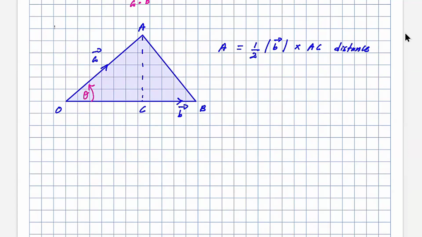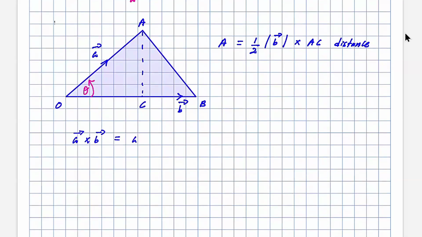AC distance, right? Okay. So if this is theta, look at this, A vector cross B vector is going to be A vector magnitude, B vector magnitude, sine theta, and there is a direction. You with me?